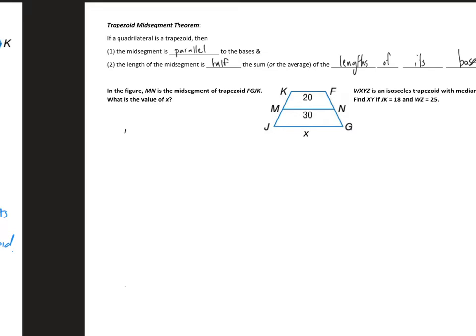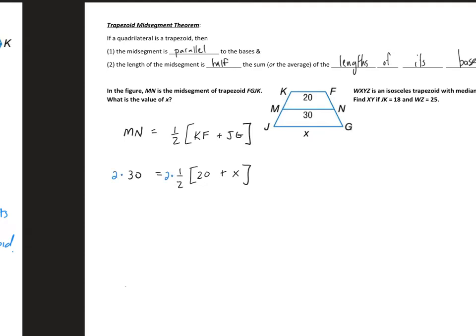So I know that MN is going to be equal to 1/2 of the length of segment KF plus JG. So in this problem, I know that 30 is equal to 1/2 of KF, which is 20, plus JG, which in this problem is X. In order to get rid of this fraction, I'm just going to multiply both sides by 2.